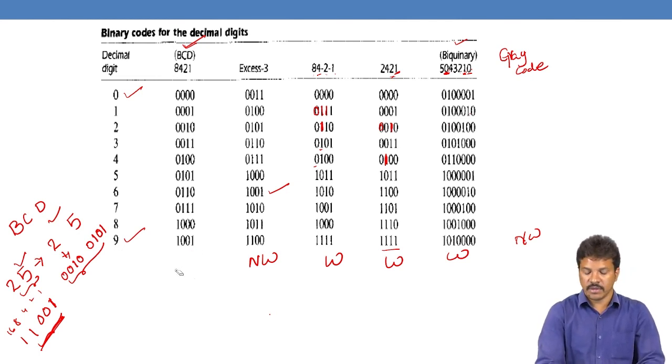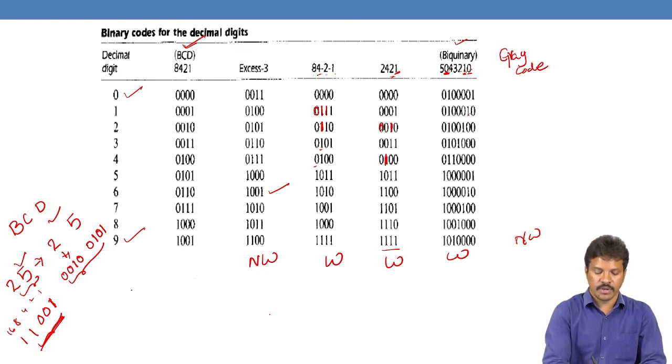Sometimes we need addition of two BCD numbers, and when we add two BCD numbers, we must follow this 8421 code. For example, a BCD number 25 and another BCD number 25.